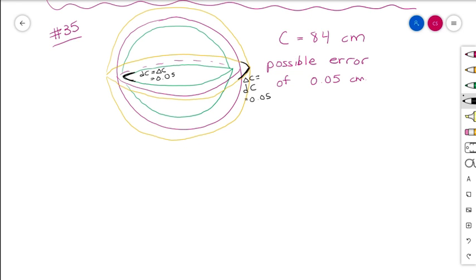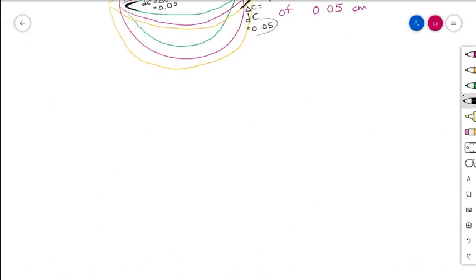And then if that varies, we know the volume's going to change and we know the surface area is going to change, okay? So this is behaving like our independent variable. And then the volume and the surface area are the dependent variables. Okay, so part A, we want to find the maximum error in the surface area.